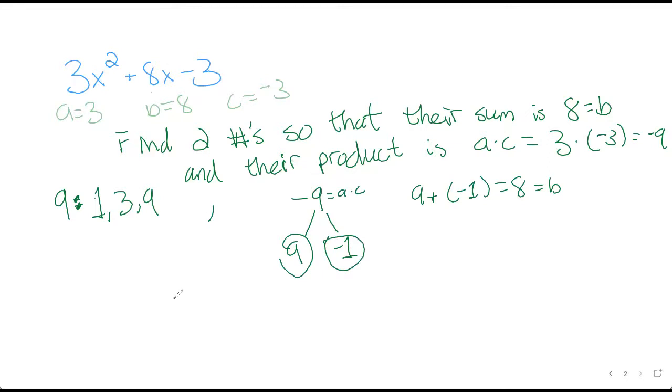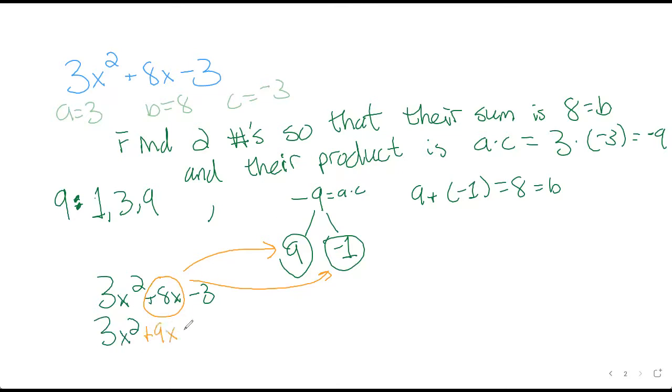Now we're going to use factoring by grouping in this example. Here was our original problem. Like in the previous example, we want to replace the middle term with the factors we found. 9 plus negative 1 was 8. So we replace 8x with 3x squared plus 9x minus x, minus 3.